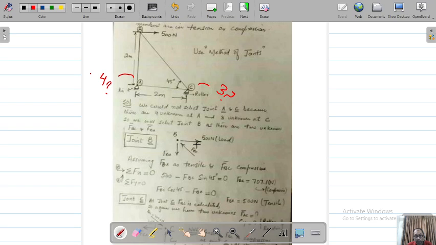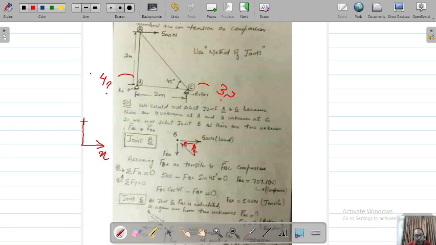One of the components will be in this direction, and the other one will be towards the positive y-axis. So you will have one component of force BC in this direction along the x.